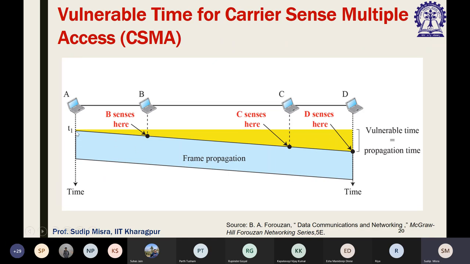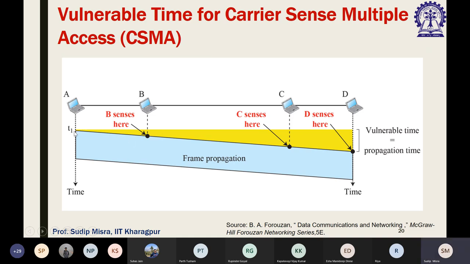Because the maximum propagation time is the time it takes for a frame to be sent from one of the two farthest stations to the other end, to the other farthest station. The time that it takes, that is going to be the vulnerable time.